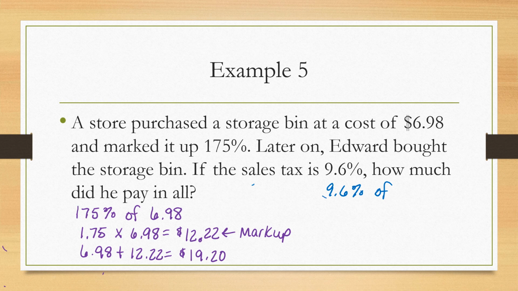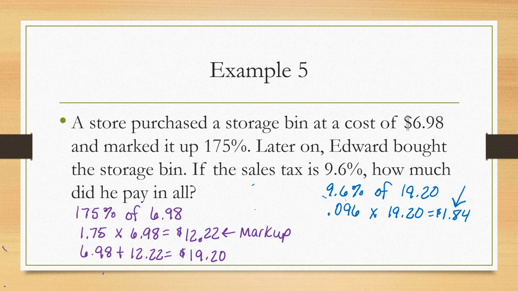So he is paying $19.20 for the storage bin. So 9.6% as a decimal is 0.096 multiplied by $19.20, which gives us $1.84. So you need to ask yourself, what is $1.84?